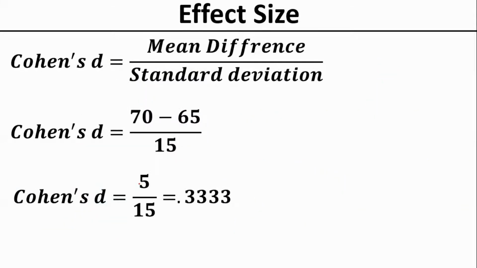One final thing that we need to think about is effect size. Effect size is just our mean difference over our standard deviation. Very similar to our z-score formula that we used before when we were looking at individual raw scores. But here, we take the sample mean minus the population mean and divide it by our standard deviation. Remember, in our standard error, the sample size decreased the standard error we're going to expect.